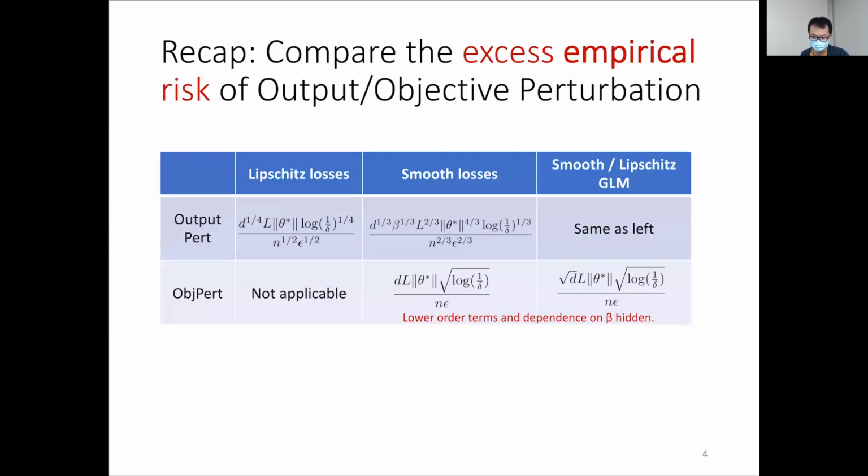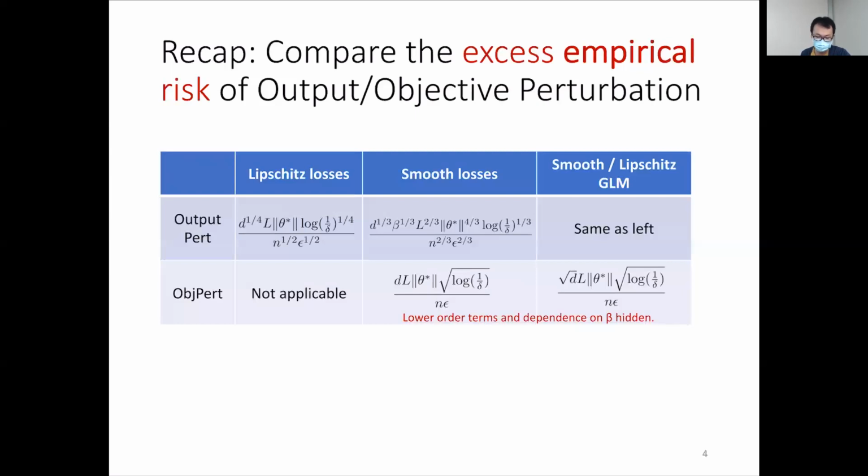For smooth losses, for generalized linear models, objective perturbation is working really well. It gives us results that go to 0 at a 1/n rate, which is faster than the non-private rate of excess risk as the number of data points gets larger.